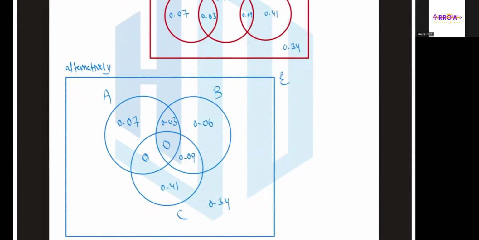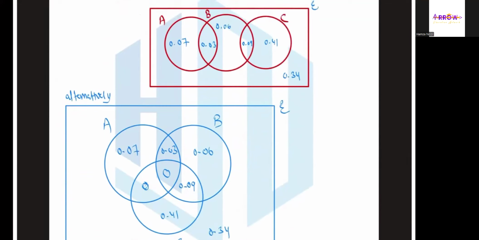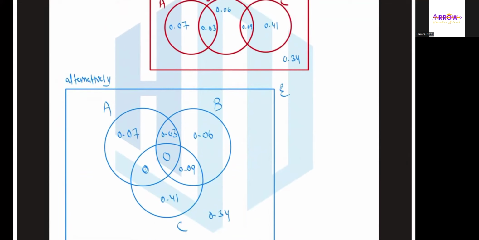And another thing, that there would be no overlap between A, B, and C.